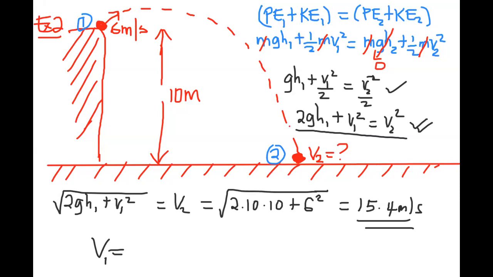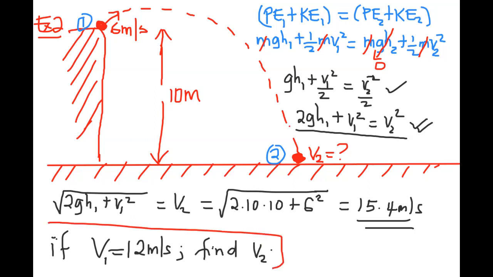Let's double it, 12 meters per second. If v1 is that, what will be the striking velocity? Find v2. This is your problem for you to think about.